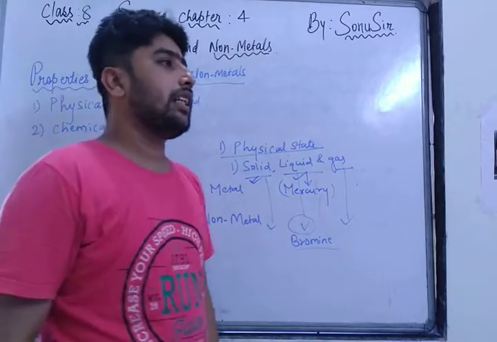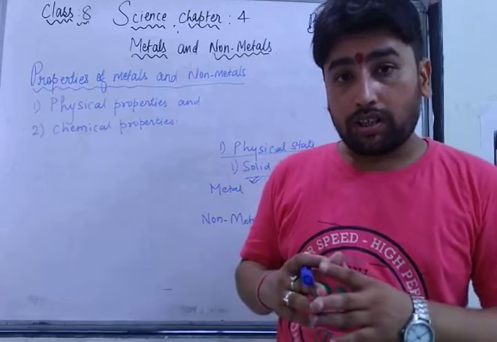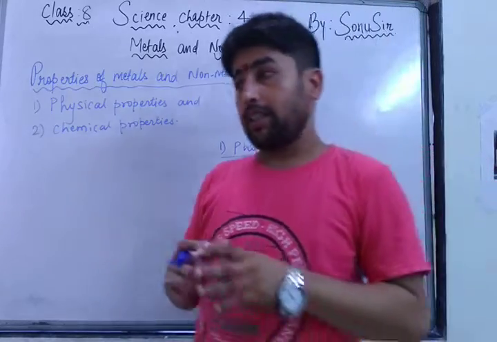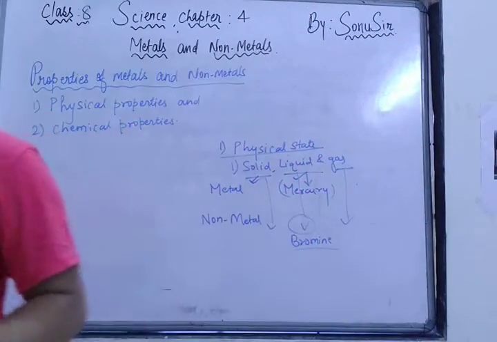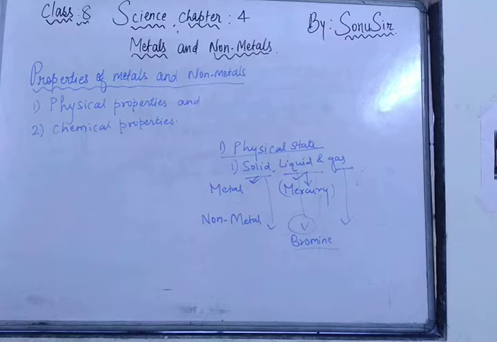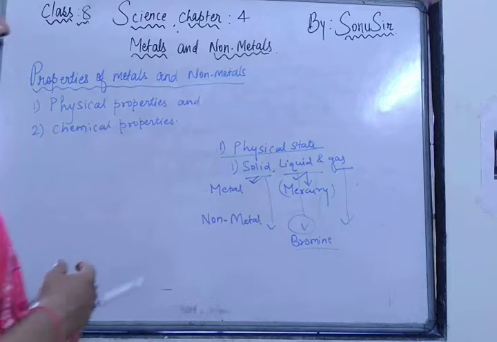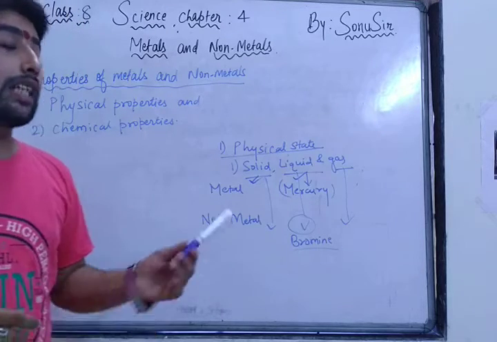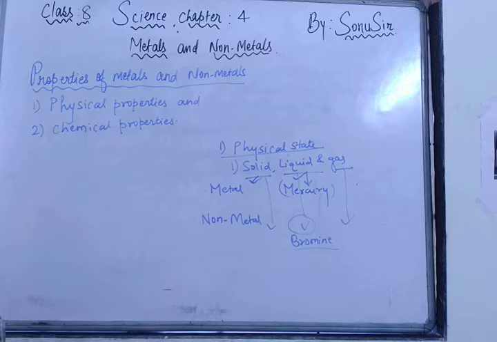So, that is the physical states of metals and nonmetals. Physical states means how they look, whether they are solid, liquid or gas. In the gases, hydrogen, oxygen, nitrogen, chlorine and many more gases are there. Solid nonmetals are sulfur, carbon, phosphorus.